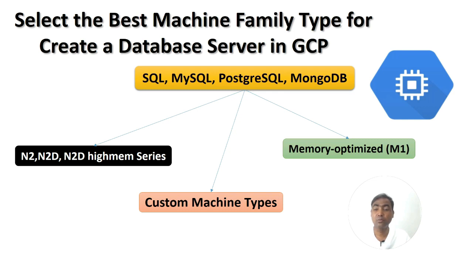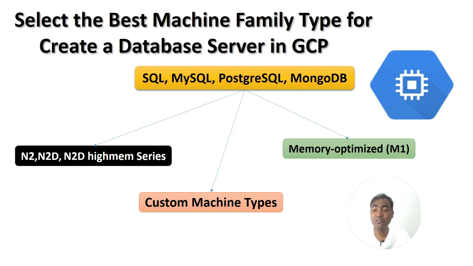They offer more memory resources than general purpose and compute optimized machines. General purpose machines are a good choice for most database servers. As you know, they offer a good balance of performance, cost and versatility. And custom machine types are also a good choice for database servers that require a lot of memory.